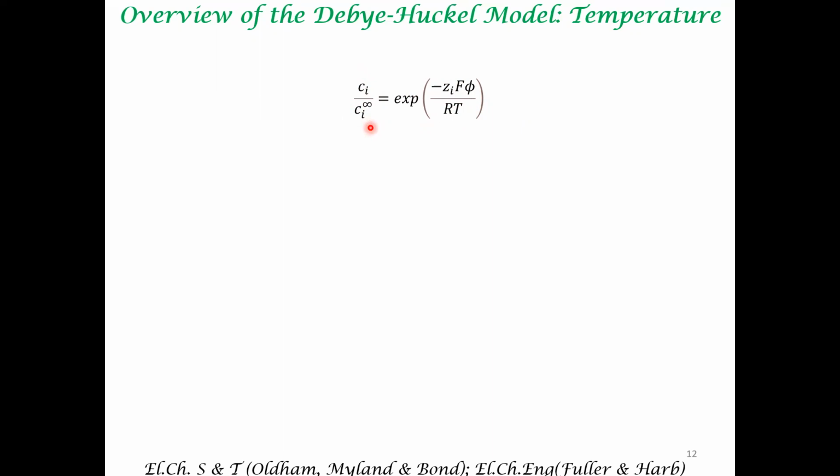If T is very small, this quantity will be a large number, and the difference in concentration between infinity, where the potential is 0, and your particular location would be a lot more. As T increases, that is, as the thermal energy increases, it goes towards smearing the ion in the solution. That's what temperature does.